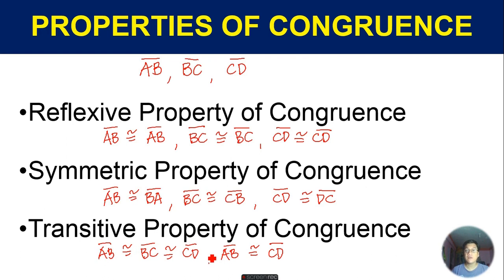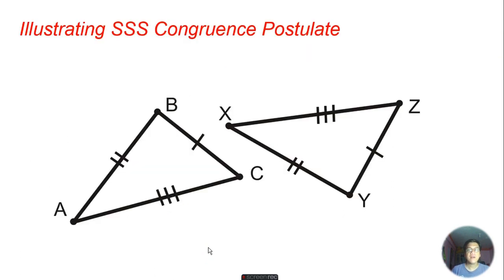We need to remember all of these properties of congruence because when we try to prove triangle congruence, we need this. We need this to bear in mind. So how do we illustrate the SSS congruence postulate? In this figure, it's very easy to identify because the two triangles are congruent to each other and they are marked by tick marks, illustrating that the sides are congruent.